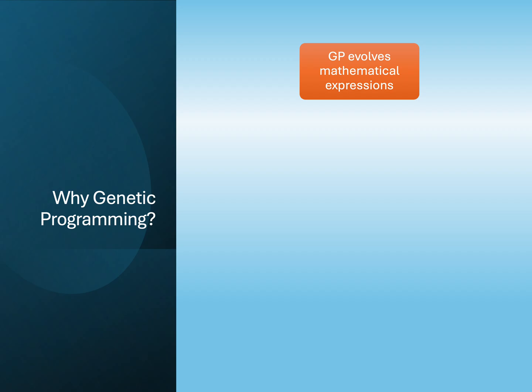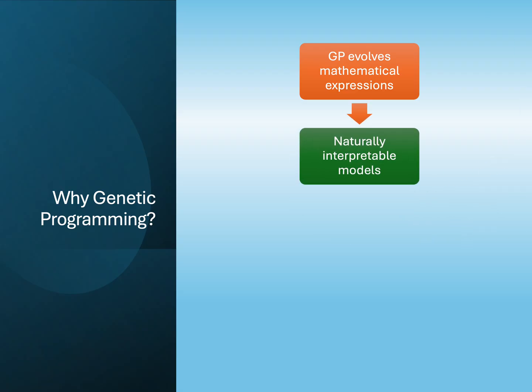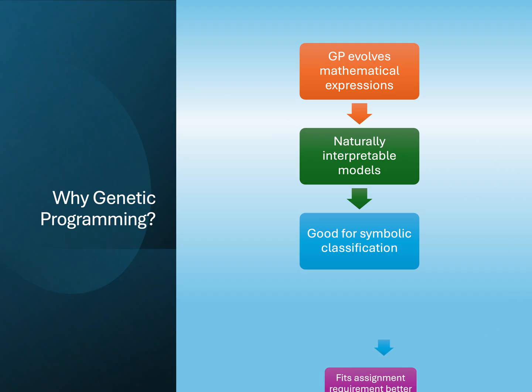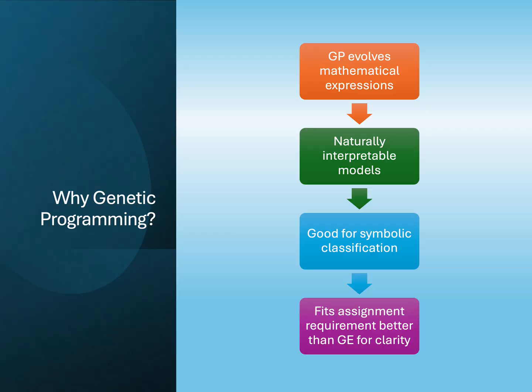GP also searches through a huge space of combinations of arithmetic functions, logical operations, and input features. Because this project requires explainability and model understanding, GP was the best choice. It can find relationships between variables that may not be obvious to humans, and at the end, it gives a simple expression that explains how predictions are made. And also, it fits the assignment requirements better than GE for clarity.